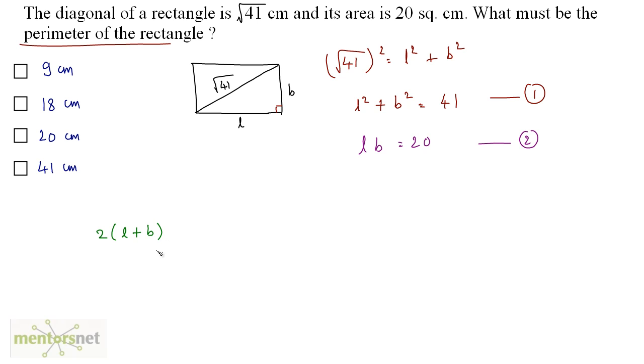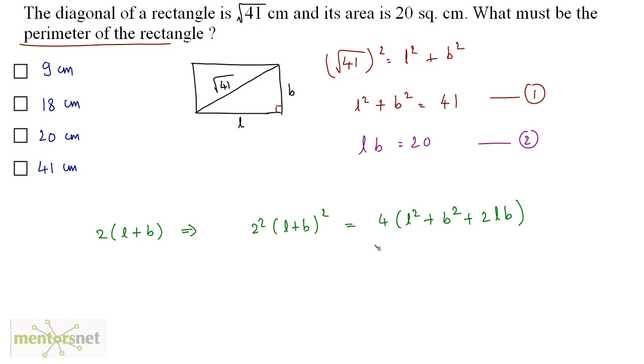Now if I square this perimeter, I get 2 square into L plus B whole square, right? And that is 4 times L square plus B square plus twice of LB, right?